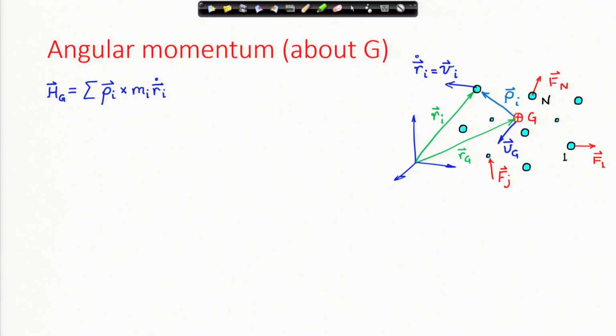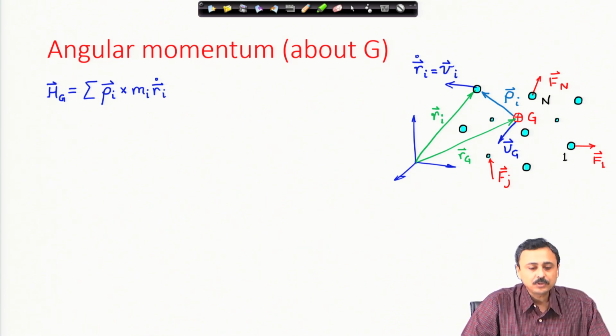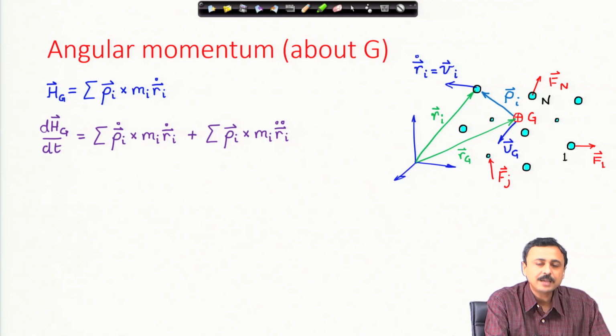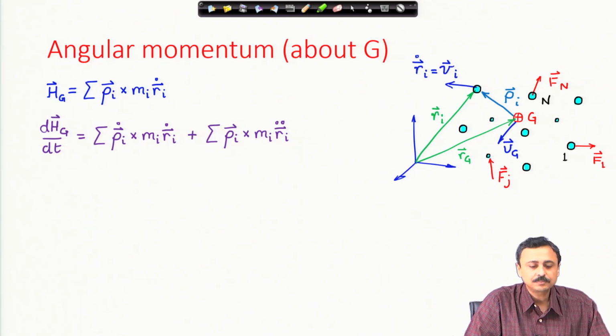We continue with this angular momentum about the center of mass. If we take a time derivative of the angular momentum about the center of mass, then we have on the right hand side the time derivatives of these terms. The first term gives us rho_i dot cross m_i r_i dot, and the second term gives us rho_i cross m_i r_i double dot summed over.